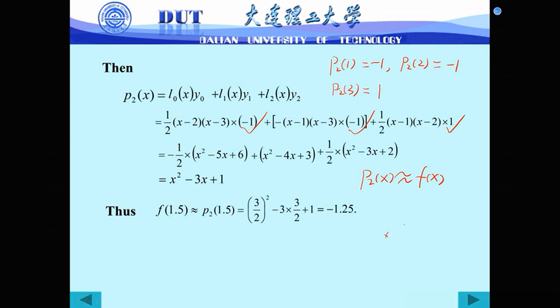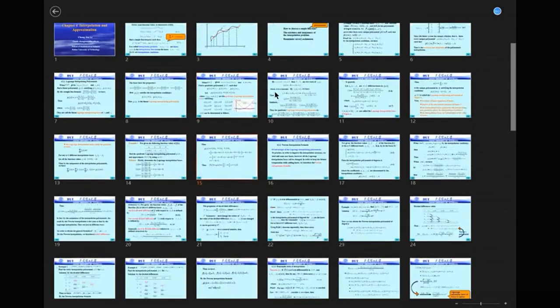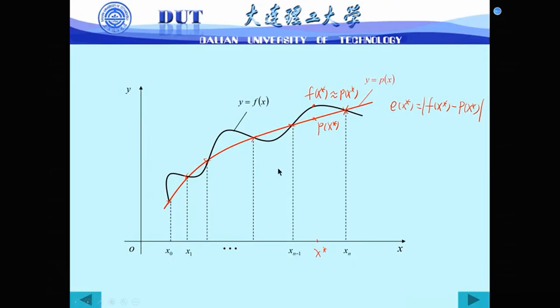Interpolation means we are given the discrete points, right? I show you the figure again. What is interpolation? Here you see, interpolation approximation means we are given several discrete points.